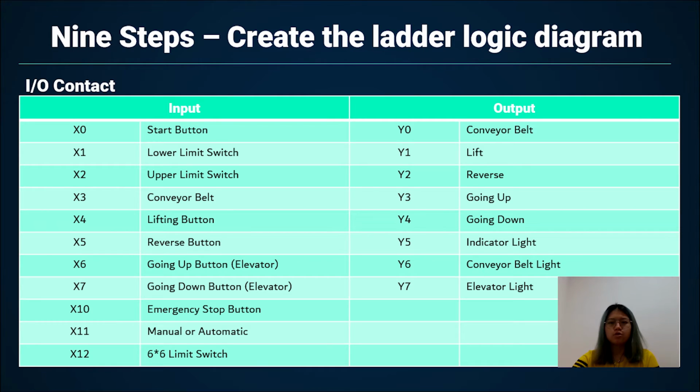For our outputs we have Y0 is conveyor belt, Y1 lift, Y2 reverse, Y3 going up, Y4 going down, Y5 indicator light, Y6 conveyor belt light, Y7 is elevator light.